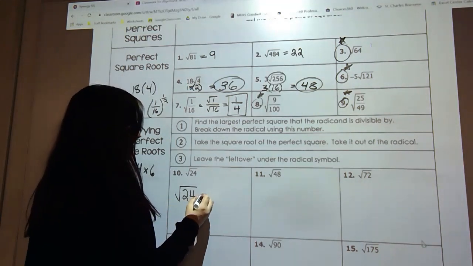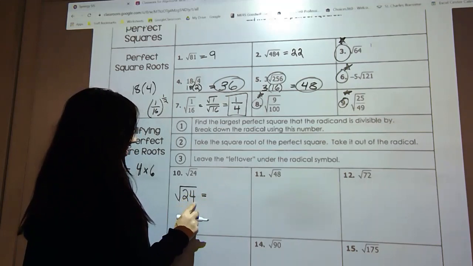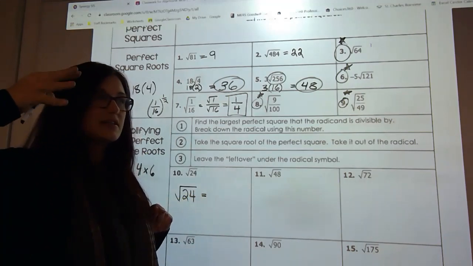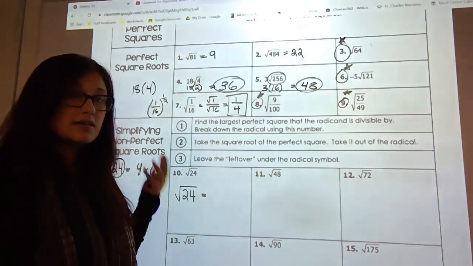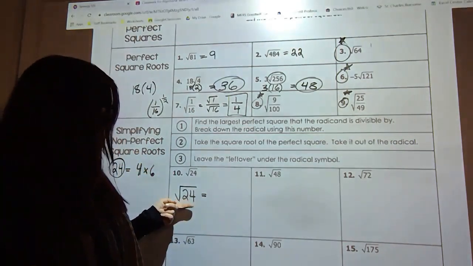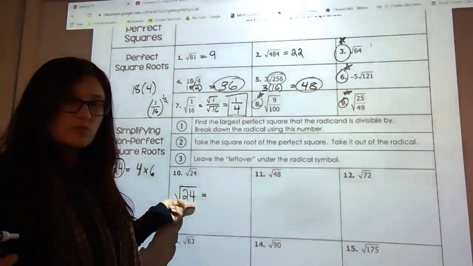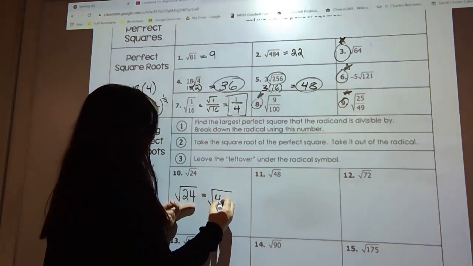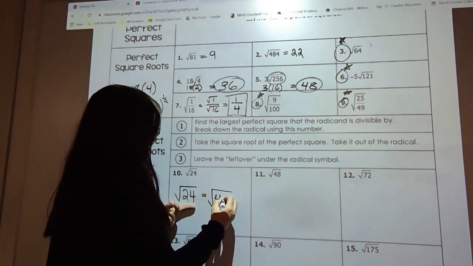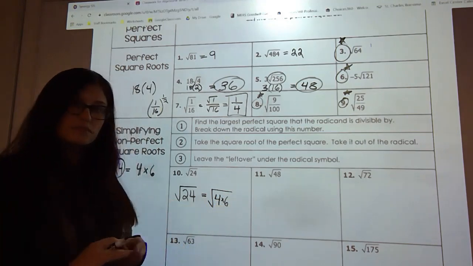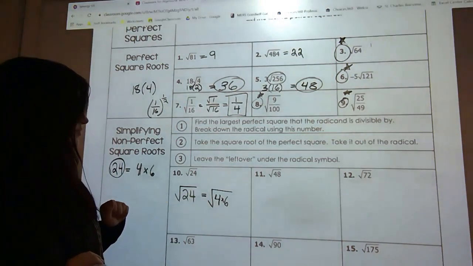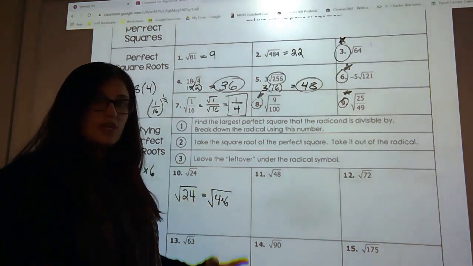So what I ask myself is, is there any perfect square down my list, 1, 4, 9, 16, 25, 36, all the way down, such that I can write 24 as a multiplication problem? And yeah, I can write it as 4 times 6. So 24 is the same as 4 times 6. What does that allow me to do?